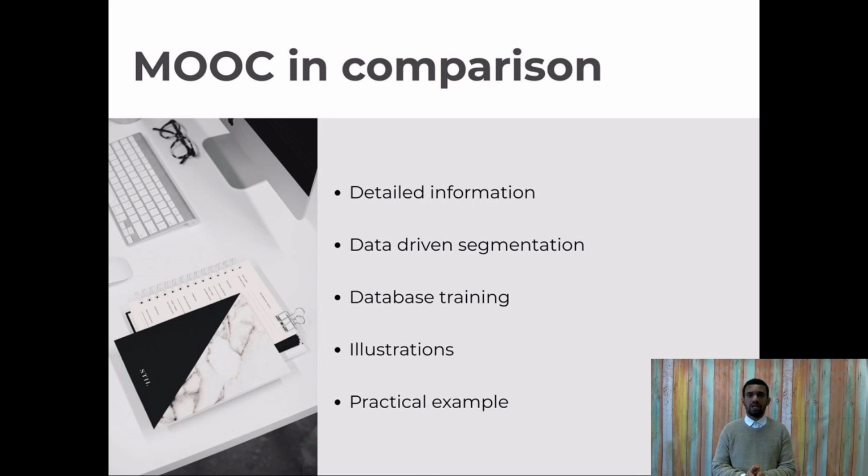Most of the courses that I have studied before were only focusing on common sense segmentation, or they would go to data-driven market segmentation but would not dig into it and look into details. Thirdly, this course had data-based training using the R system. The training about the R system was very valuable and new to me.